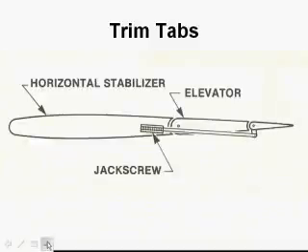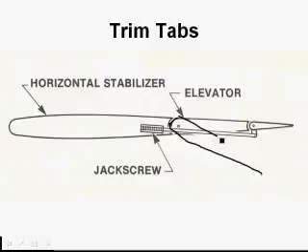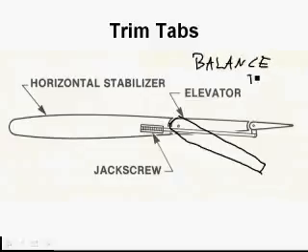Balance tab. A balance tab is there essentially to balance the forces for you. For instance, if you start moving the elevator, let's say you want to move the elevator to the down position, the balance tab is hooked on to right here. So as this goes down, the balance tab is going to go up, effectively helping you.